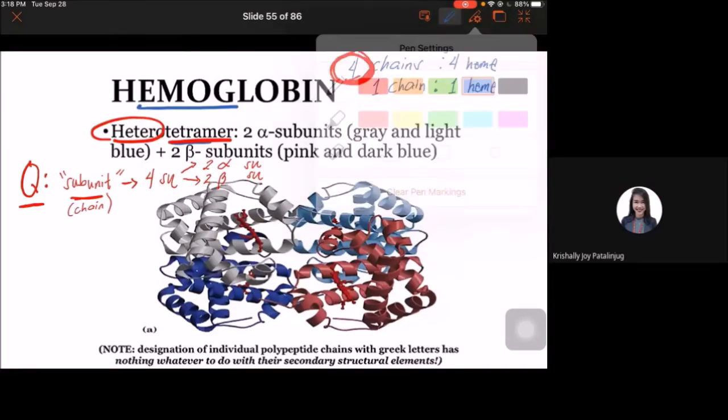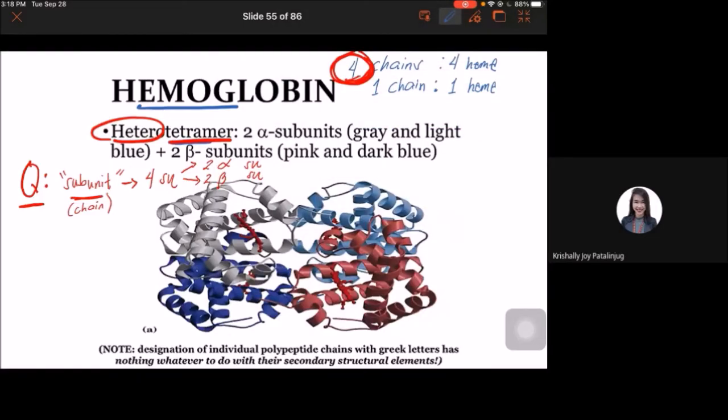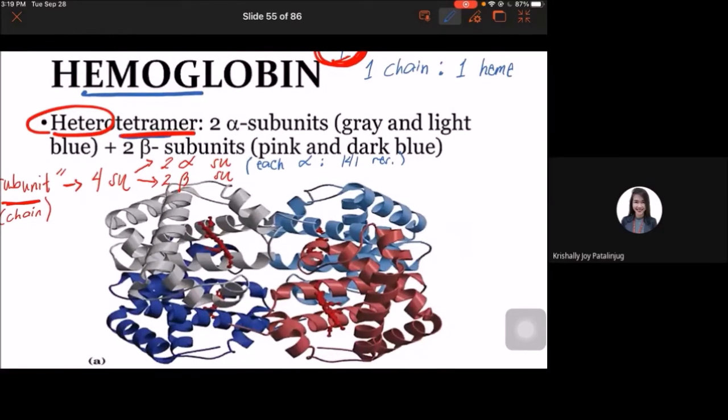And please take note that in each alpha subunit, there are 141 residues that are present. And then for beta subunit, each contains 146 residues.